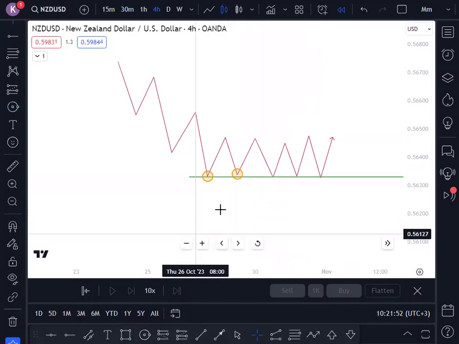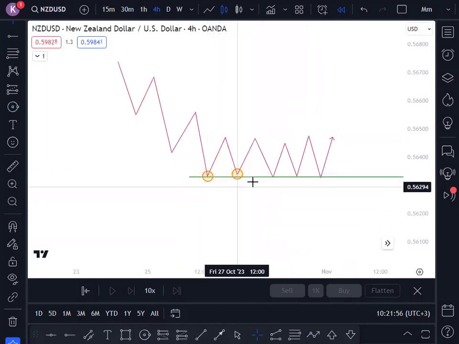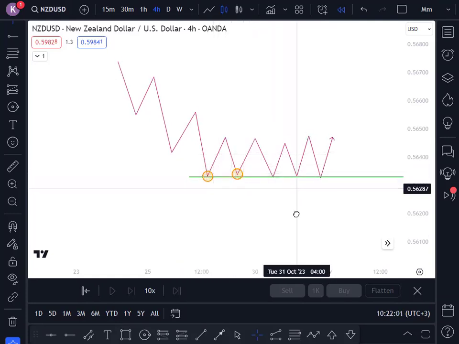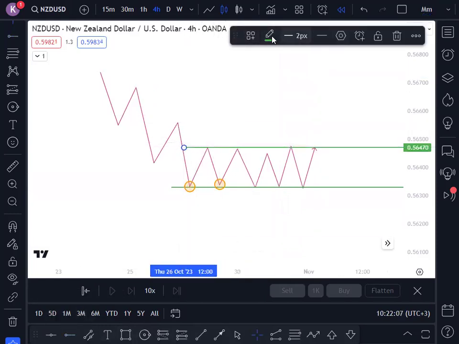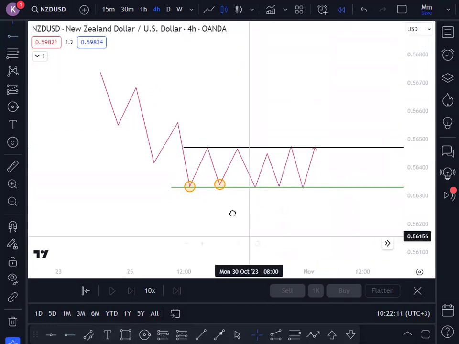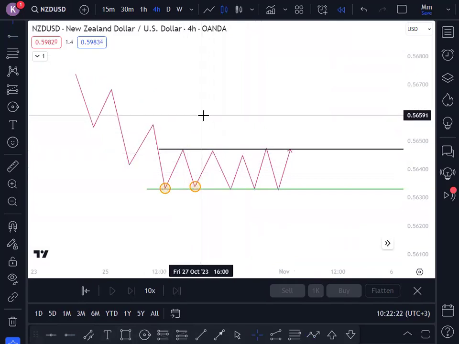Why? Because we have stronger buyers here that are rejecting the sellers from pushing further, and vice versa, we have a resistance to the upside here. So let me change this, so also the opposite to support is resistance. Resistance is that key point where the market is rejecting to go to further pushes.